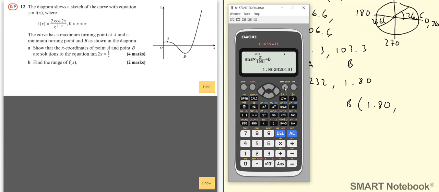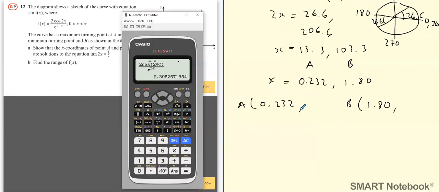So here, if I go into setup and I go into radian mode, I've got my function f of x, 2 cos 2 times alpha c, all over e to the power of 2 minus alpha c. And that gives me a y value of 0.305.